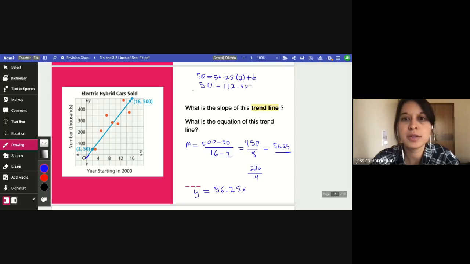So now all I need to do to solve for b is subtract 112.50 from each side. So I end up knowing that b is negative, it's going to be 62.50. So I can come back and finish my equation as this.